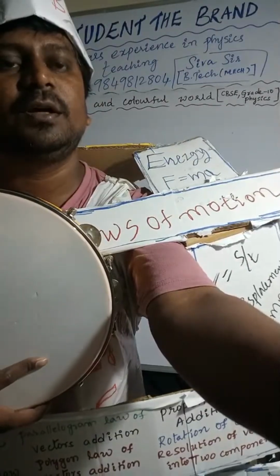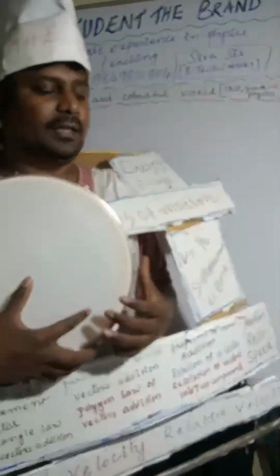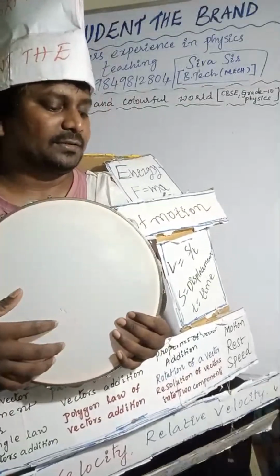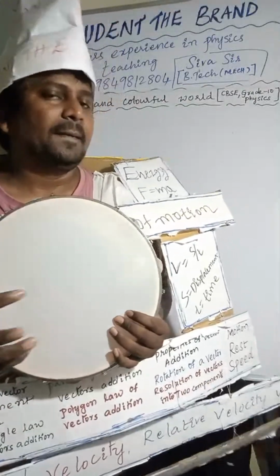Distance positive along the axis. That is new Cartesian. So we are going to discuss today myopia.